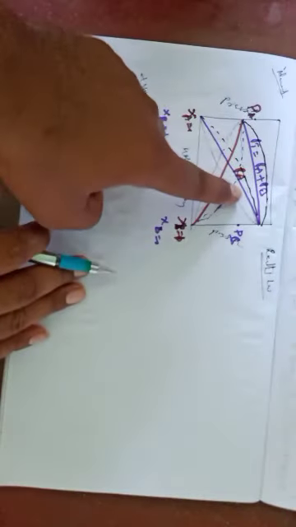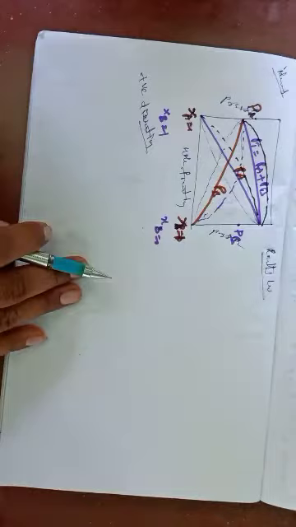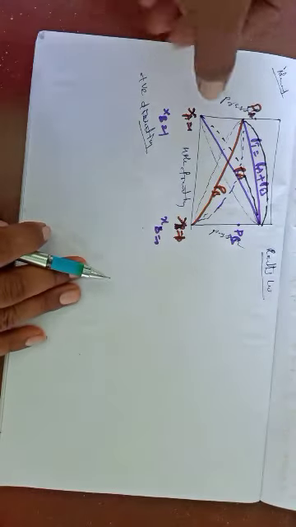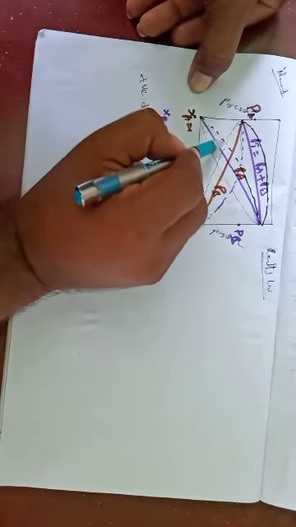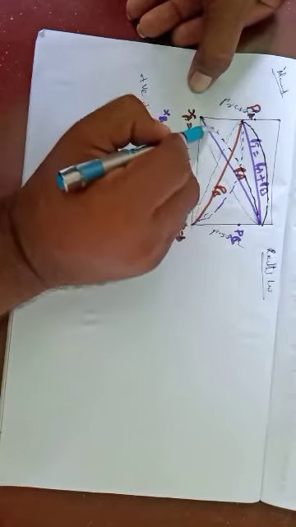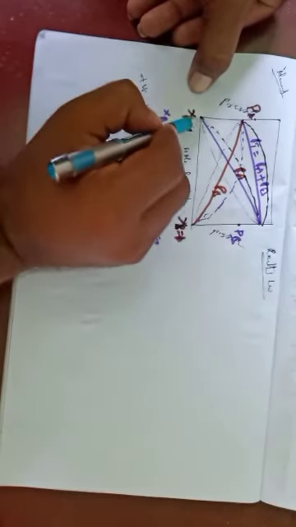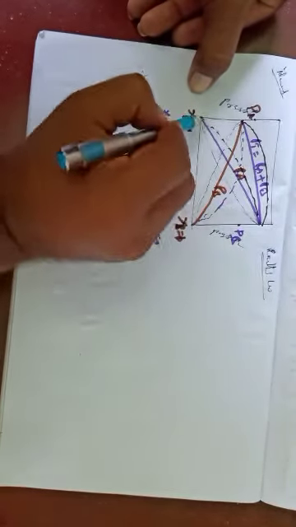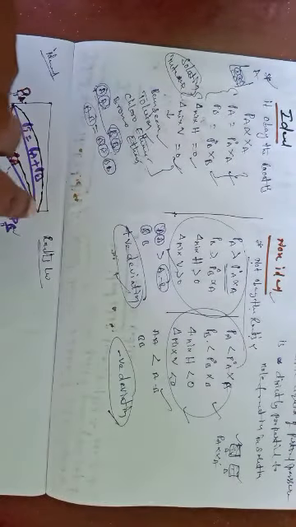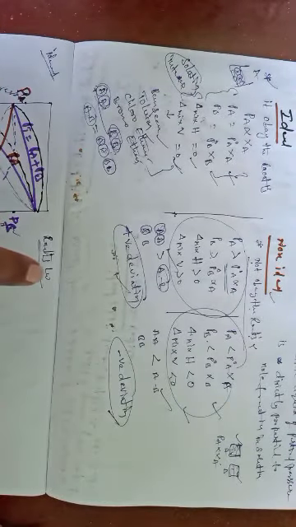A non-ideal solution does not obey Raoult's law, either with positive deviation values or negative deviation values. Positive deviation values are maximum, greater than values increase. This is negative deviation, values decrease. Okay, thank you students. This is ideal and non-ideal solution, a very important question.